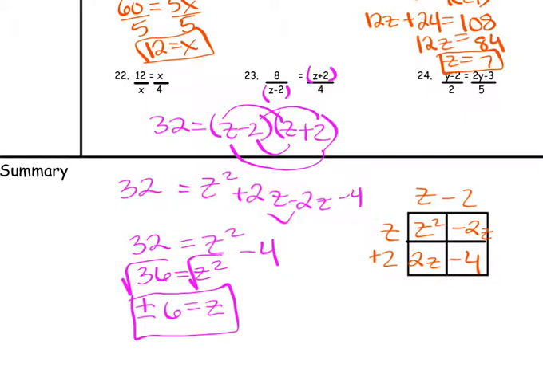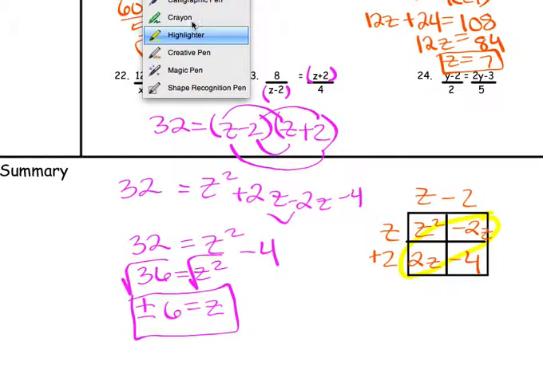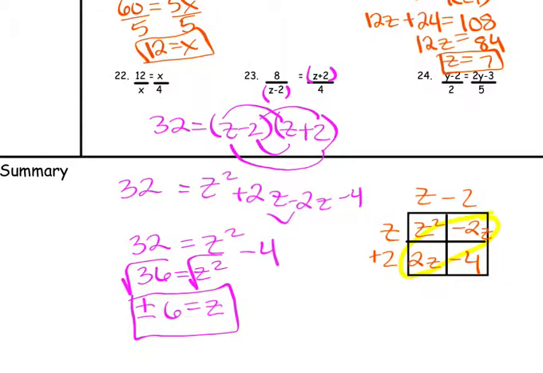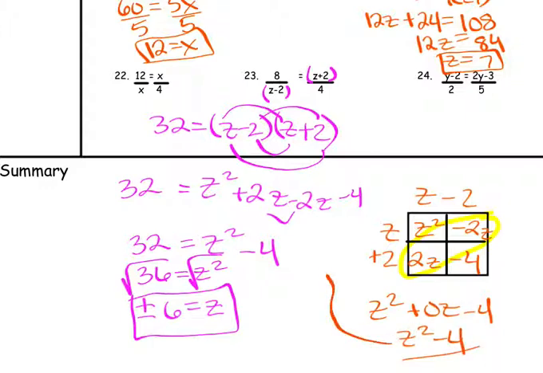Then when you do that, you'll always have a diagonal that will combine together. And you can write your answer. So it will always be the first box, z squared. The diagonal will combine, that'll be 0 z's. And then the last one was -4. So it's z squared minus 4 is what you get. And then that's what would go right here.